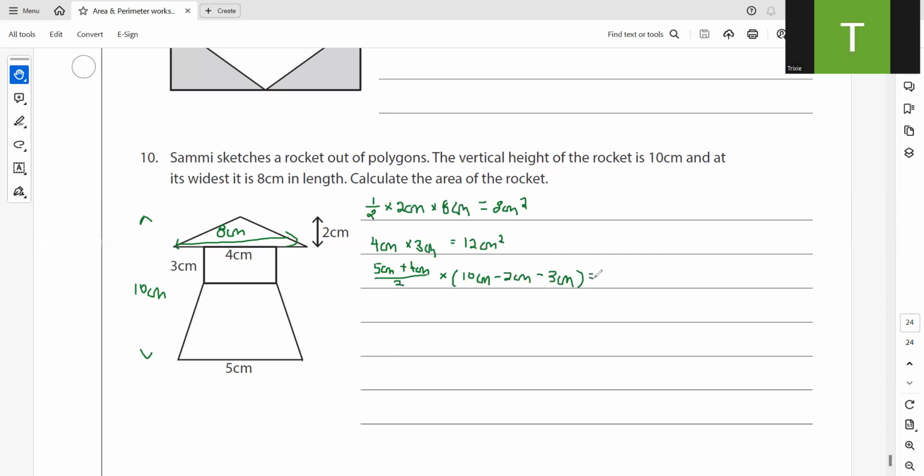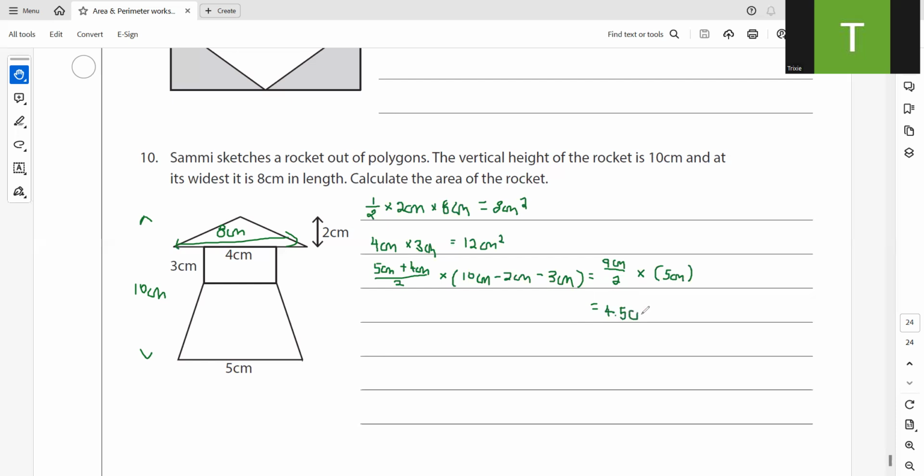So firstly, 5 cm plus 4 cm is 9 cm, divided by 2, times 10 minus 2 minus 3. 10 minus 2 minus 3 is 5 cm. So we'll get 9 cm divided by 2 times 5. 9 cm divided by 2 is 4.5 cm.